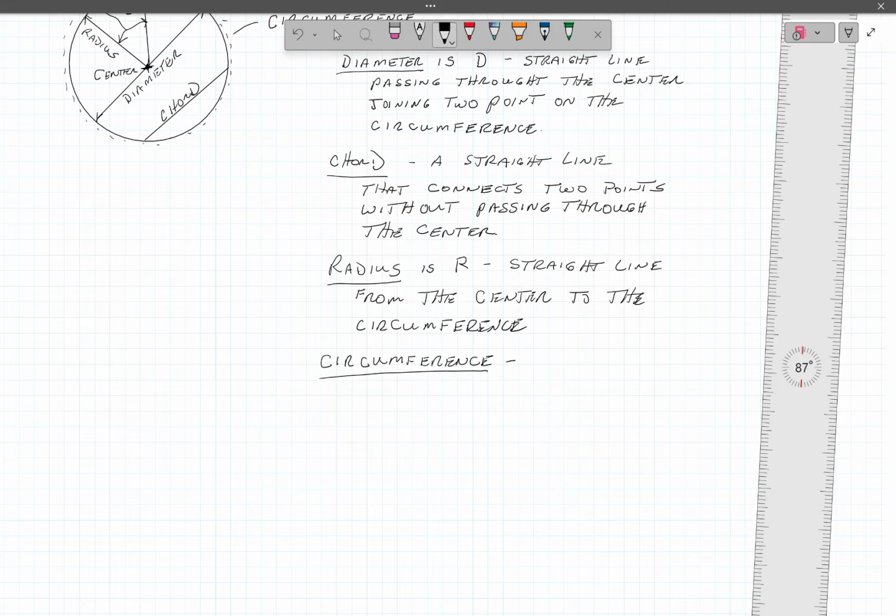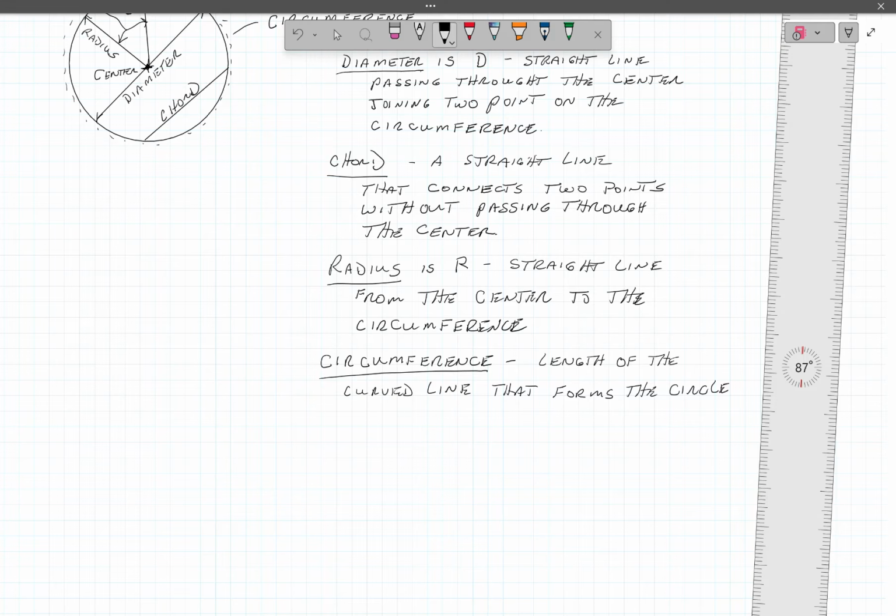And that's the length of curve line that forms the circle.